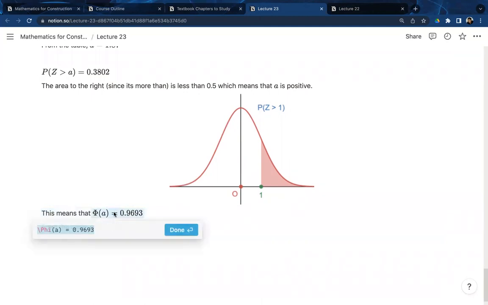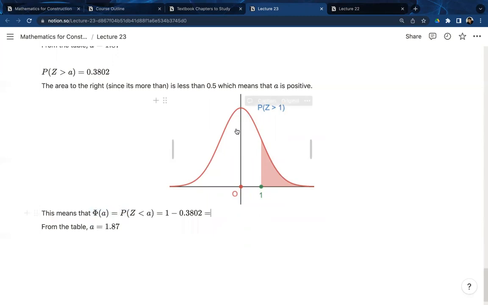So phi of A, which is the area less than A, which is the probability that Z is less than A, is 1 minus, remember the whole area is 1. Right? So if the probability more than is 0.3802, then the probability less than is 1 minus 0.3802.